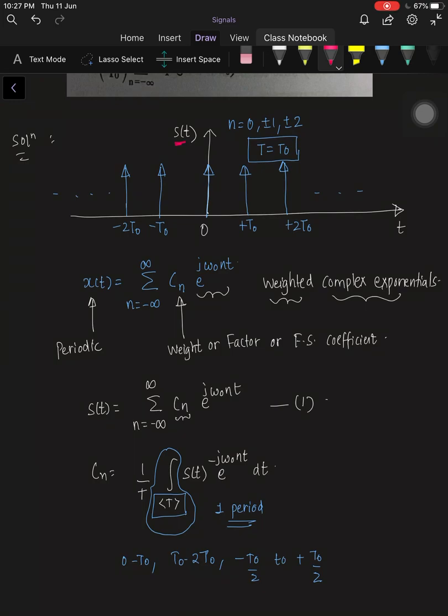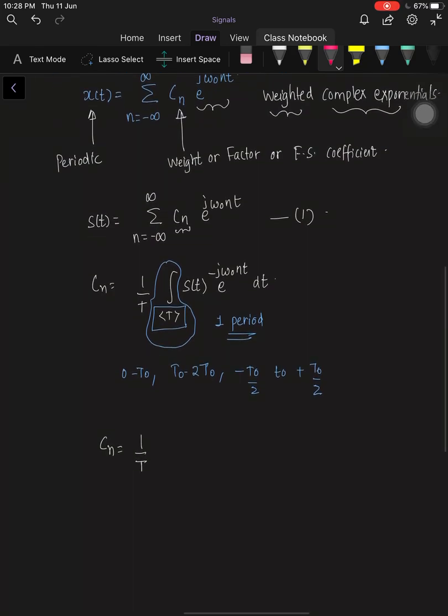So instead of that, I will take minus t naught by 2 to plus t naught by 2. So I will be taking the integration in this area.